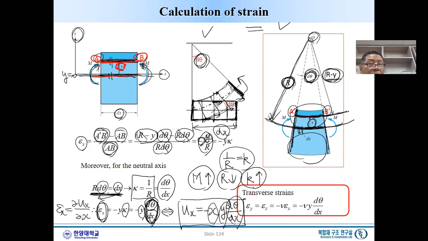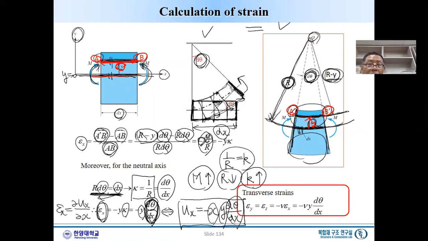Let's take a look at the strain of this part. This is before deformation, and this is after deformation. After deformation, we have A prime and B prime. This is the y.